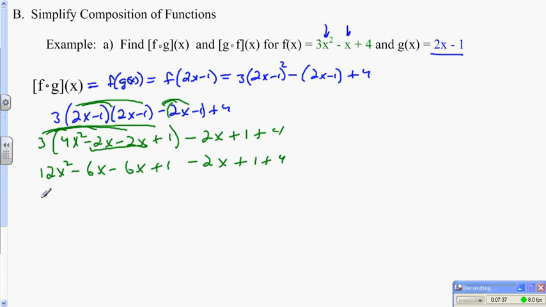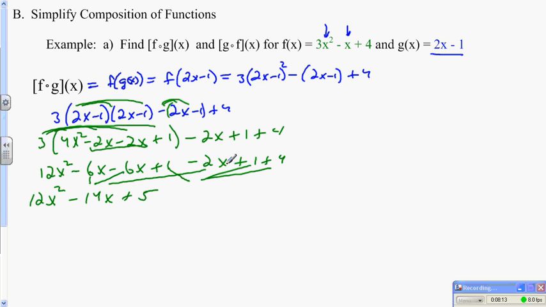Now it becomes one big adding like terms. So 12x squared, we have negative 6x minus 6x minus 2x. So that's 6, 12, 14, negative 14x. And then 1 and 4 is 5. So 12x squared minus 14x. Oops, forgot the 1 right here.